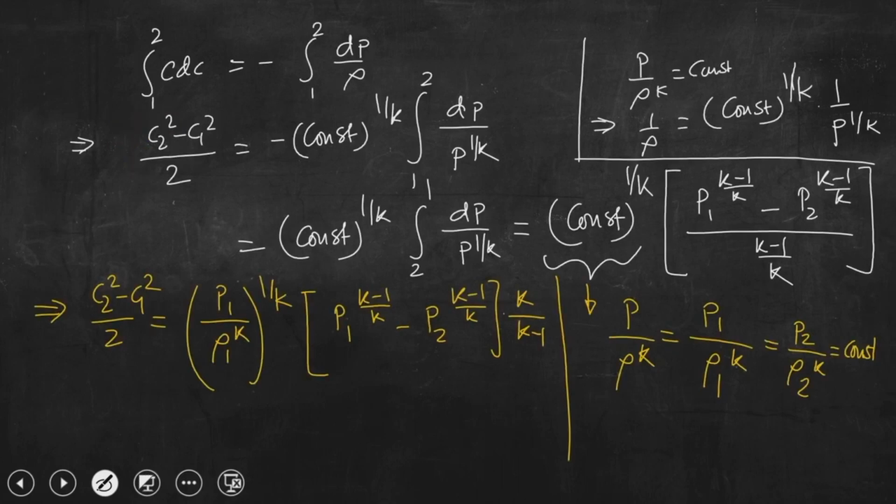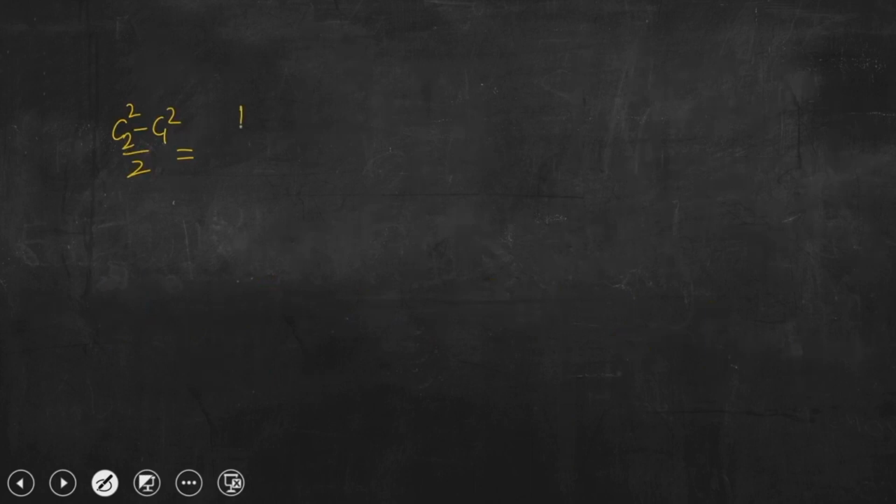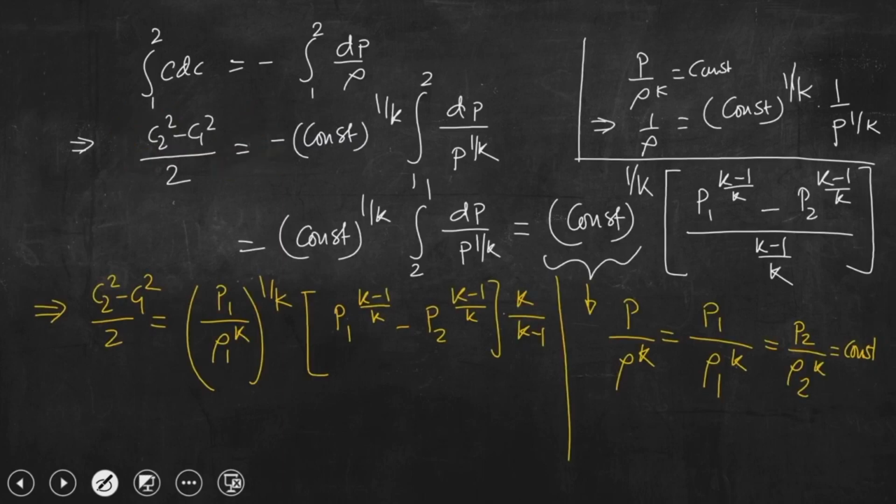So, basically we can write (C2 square minus C1 square) by 2 equal to k upon k minus 1 into P1 power 1 upon k and this would be 1 by rho 1.